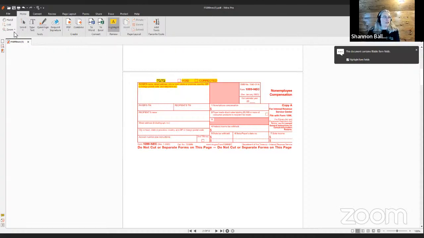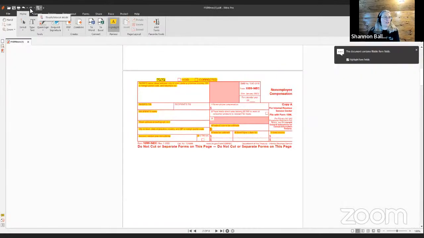Then you put in the taxpayer's TIN, so that would be the client, who's the same as the payer, the person who sent it. And then here we put in the recipient's name, and the address and everything is broken down for the recipient.